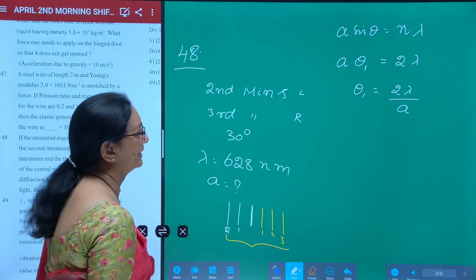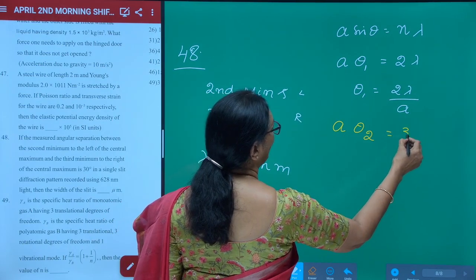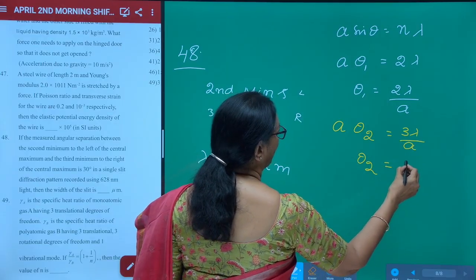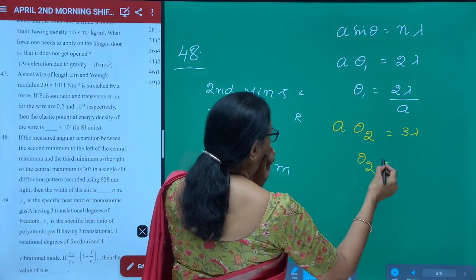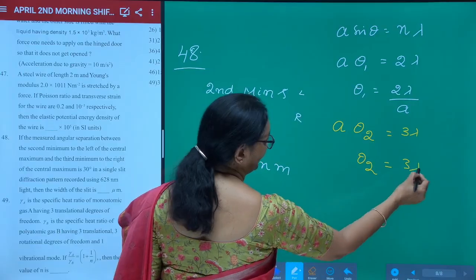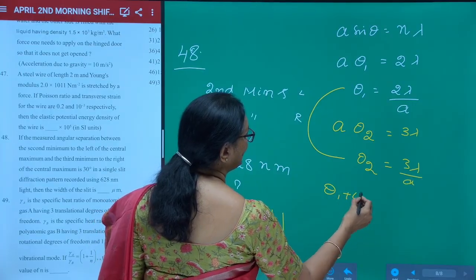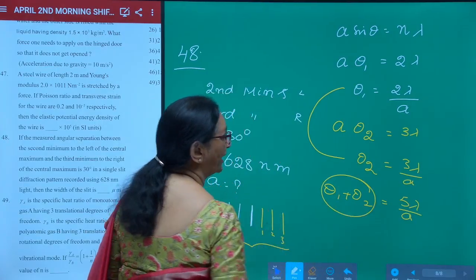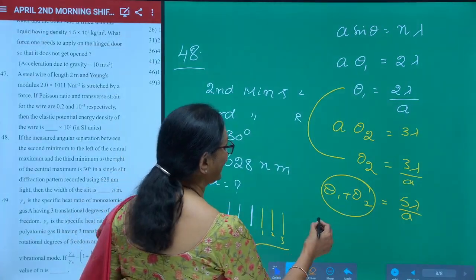So, look here, A theta 2 is equal to third minimum, 3 lambda, from which theta 2 is equal to 3 lambda by A. So, theta 1 plus theta 2 is equal to 2 plus 3, 5 lambda by A. Theta 1 plus theta 2, the angular separation between these two, is given as 30 degrees.